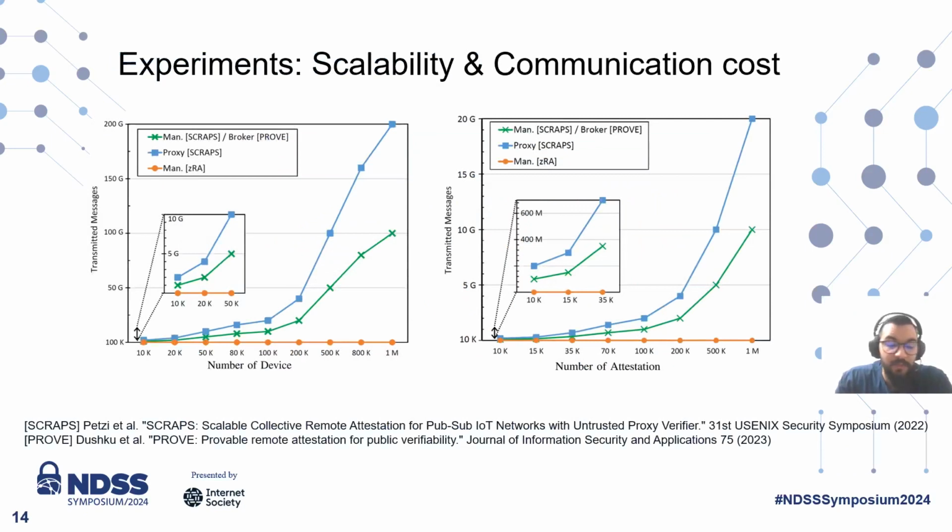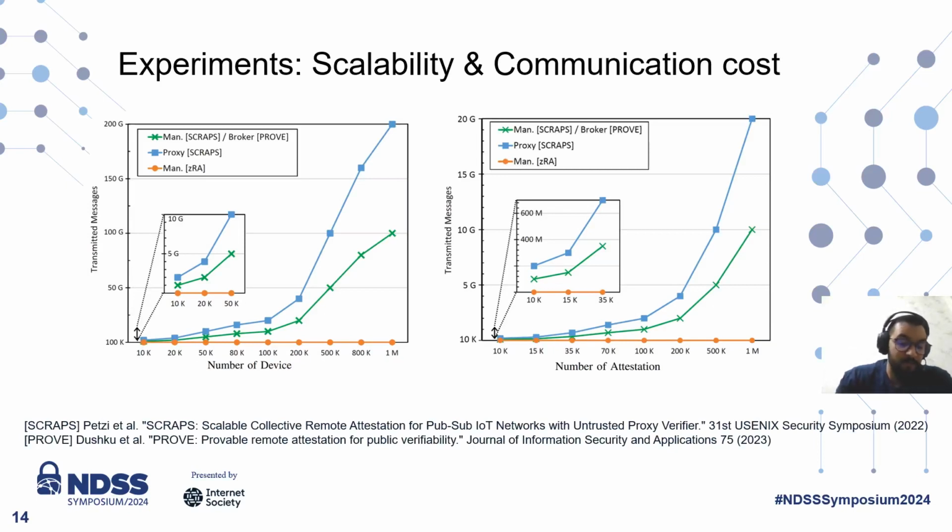Experimental results show that Zira has significantly better scalability compared to the state of the art, simply because the number of transmitted messages by any entity in the protocol is at most equal to the total number of maximum attestations, and it is independent of the number of devices.